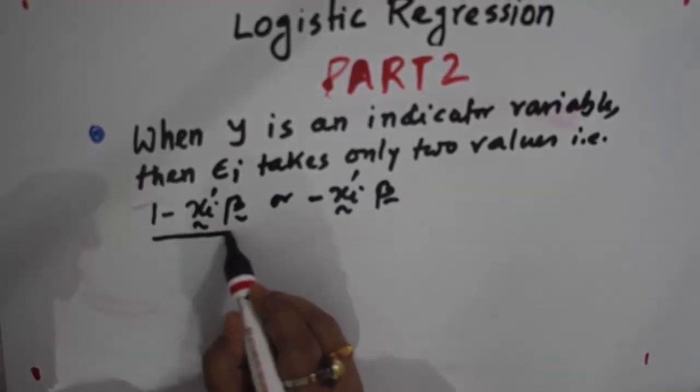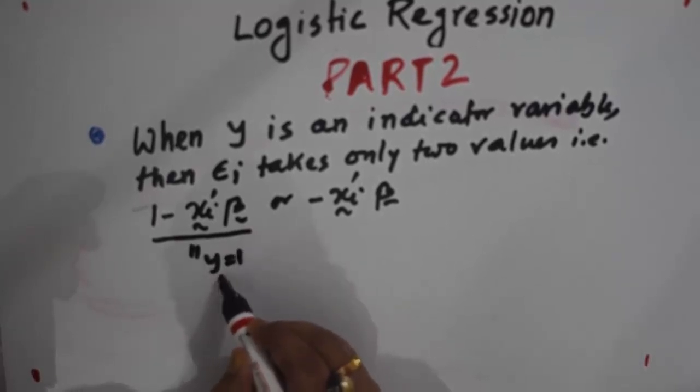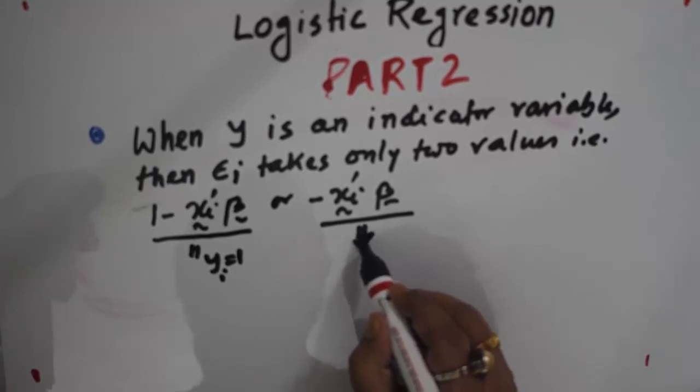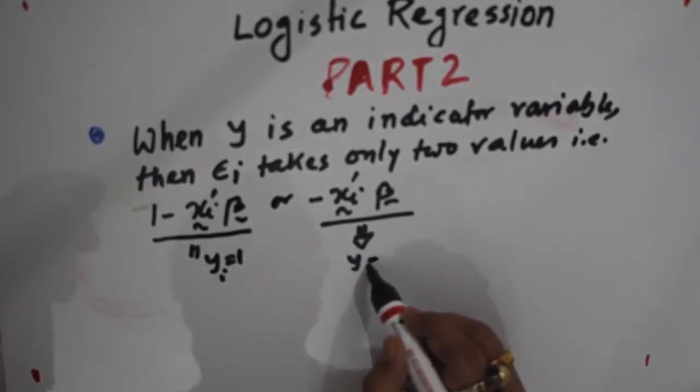This happens when yi equals 1, and this happens when yi equals 0.